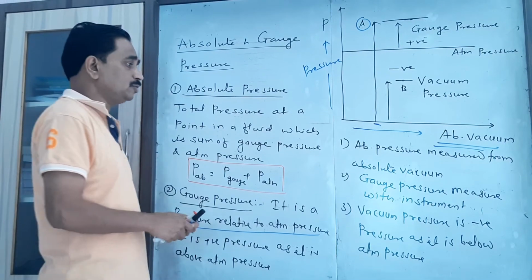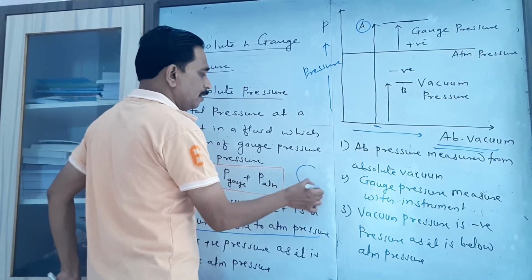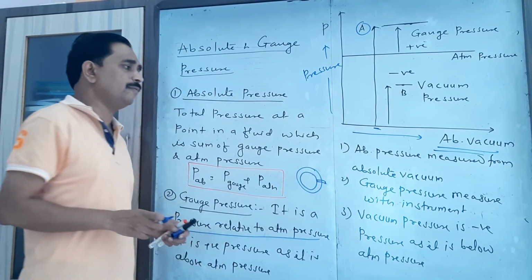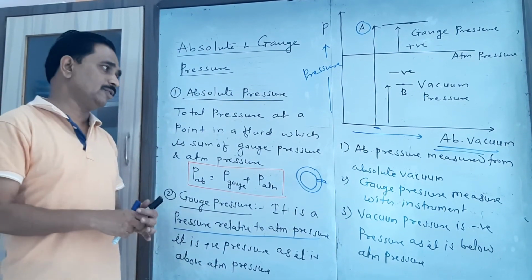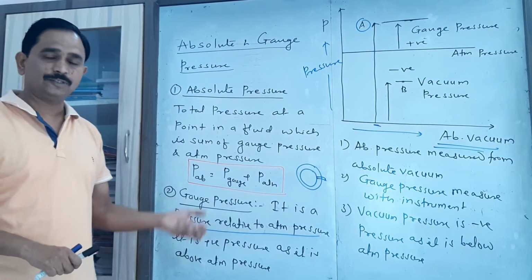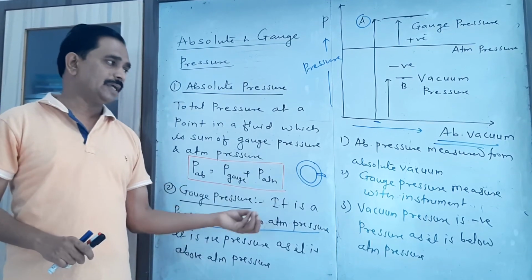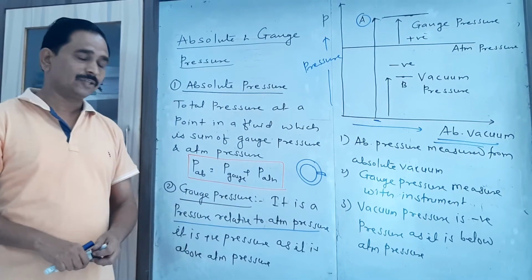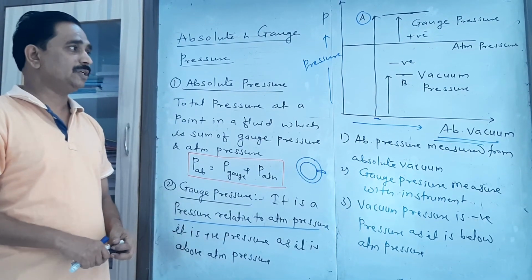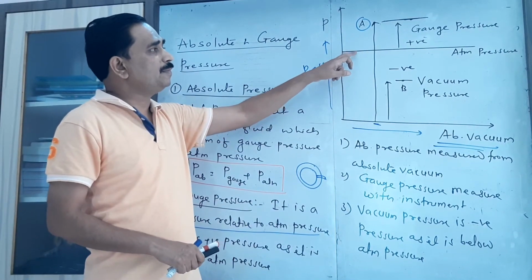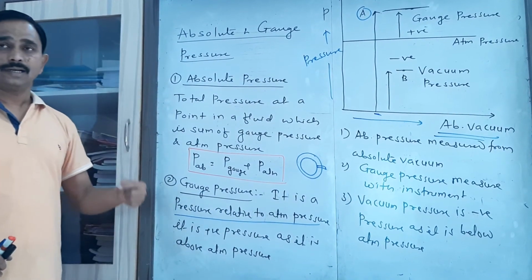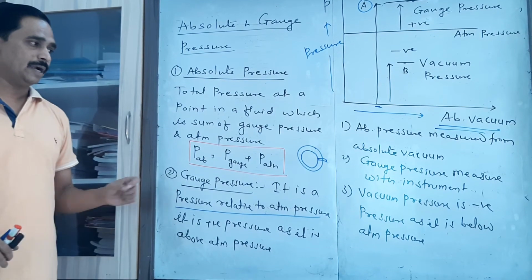Generally we use this instrument to check the air filled in the tire of a four-wheeler. So gauge pressure can be measured with the help of a certain instrument. And third, the vacuum pressure. As vacuum pressure is below the atmospheric pressure, it is considered negative.